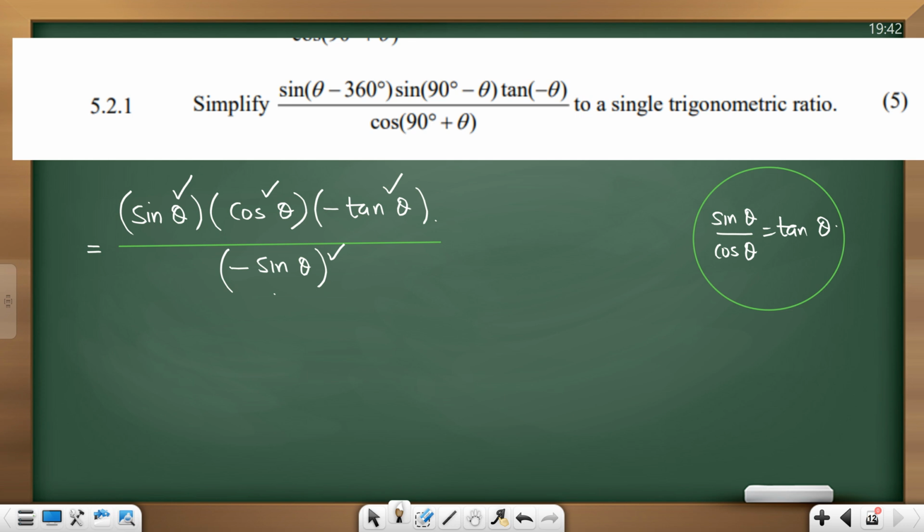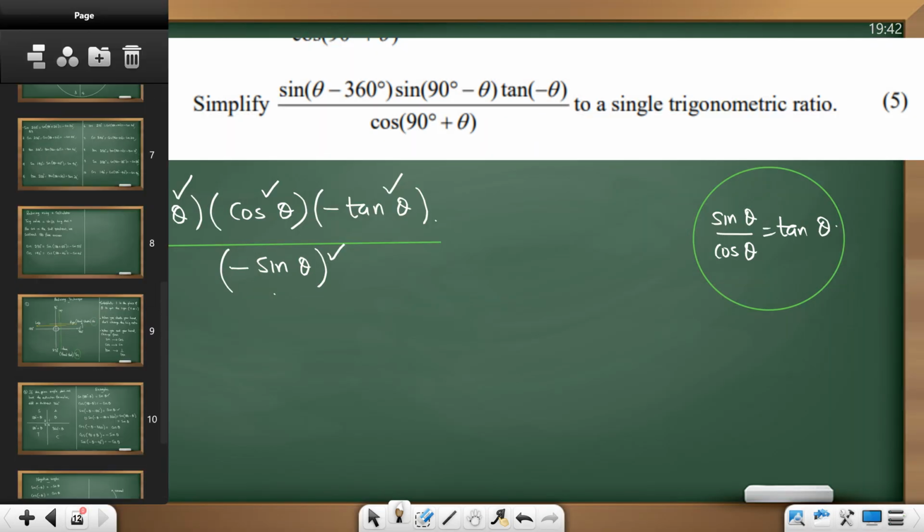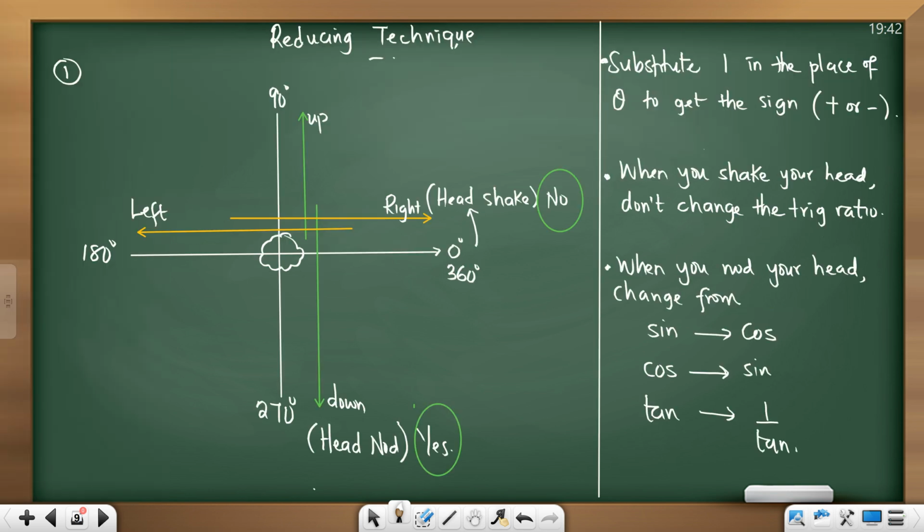Yes? When it's 90 and then we are getting a negative? Do we only check when it's 90 and then we are getting a negative? Wait, do we only check? Change. Yes. Go back to the notes. Let me remind you again. When do we change?